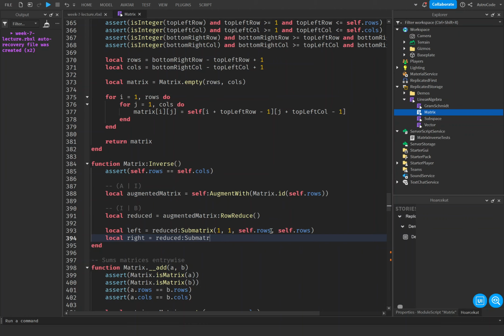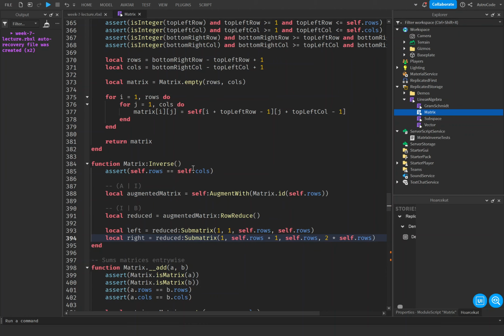And then the right half, we're going to again start in the top row, but now we're starting on the right half. So this is going to be self.rows plus 1. And then again, we want to end up on the bottom row, and then we want the far right of the matrix, which is twice the number of original rows, right?